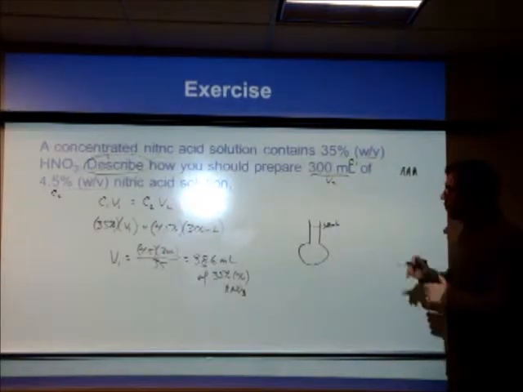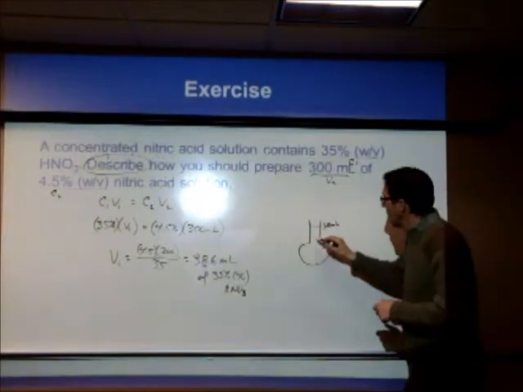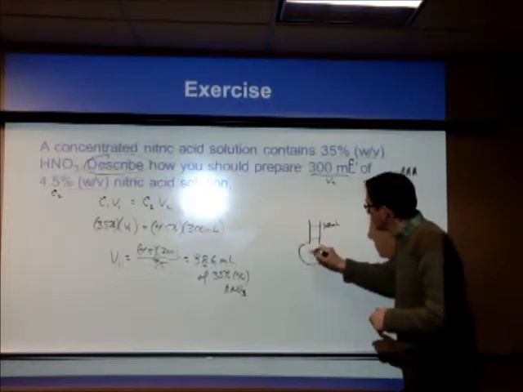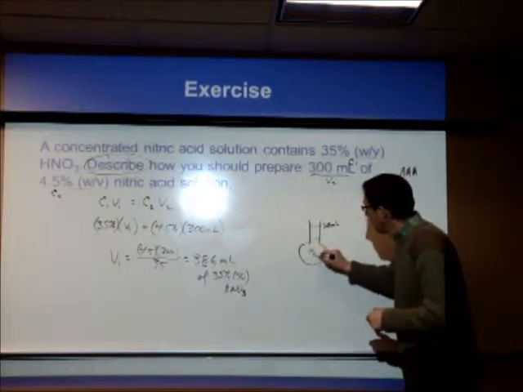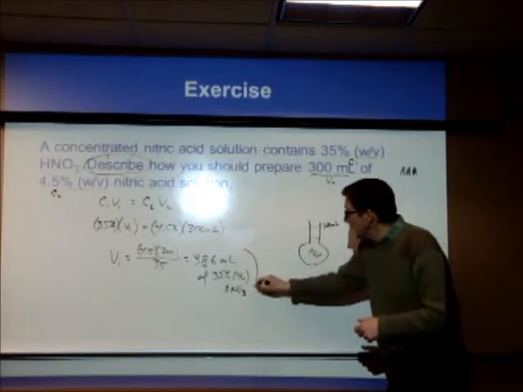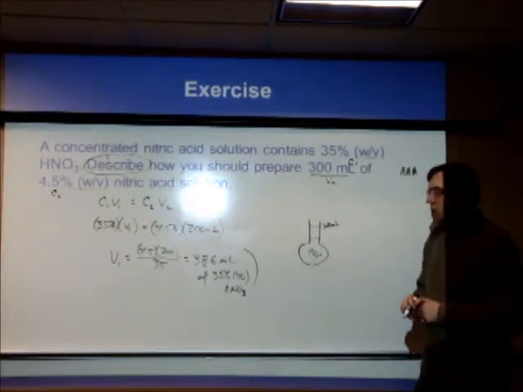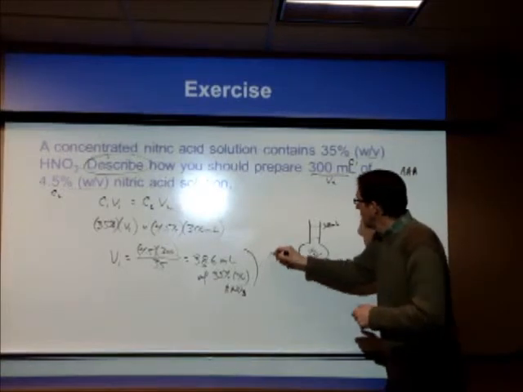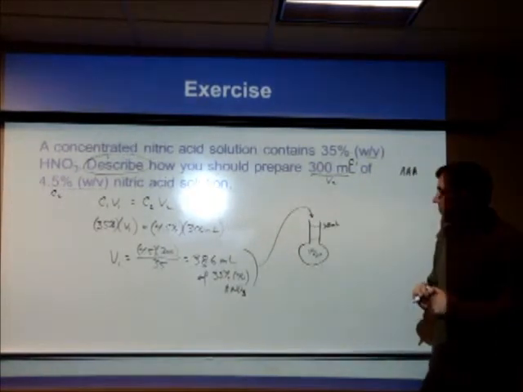So to take that into account, I'm going to put about 200 milliliters of water into the flask. Then I'm going to take this 38.6 milliliters of nitric acid I need, and I'm going to put that into the flask.